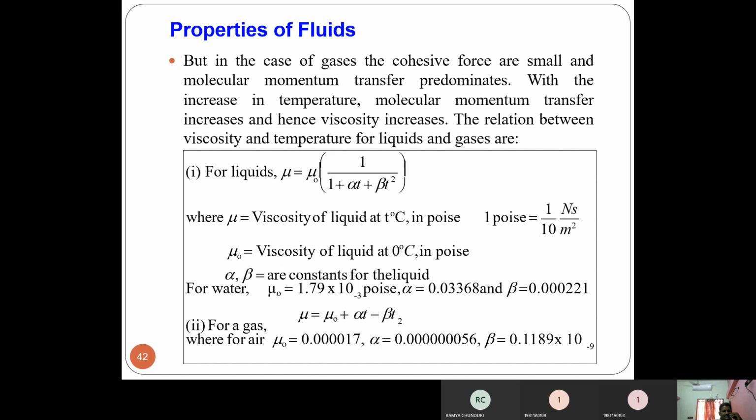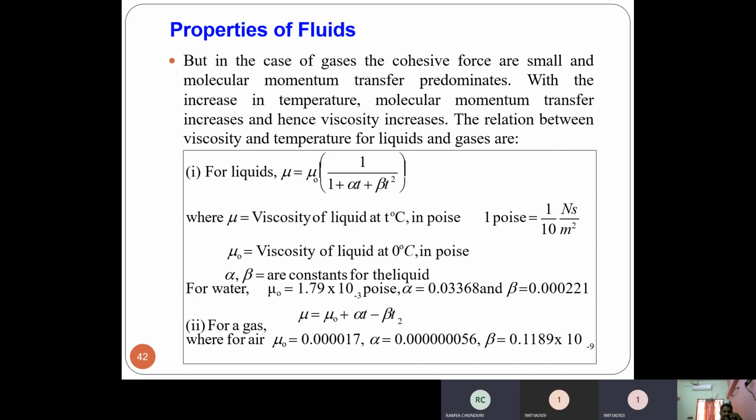Whereas for gases, temperature is present in the expression, not in the numerator or denominator. If the t value increases, mu also increases. So for gases, viscosity increases with the increase in temperature.